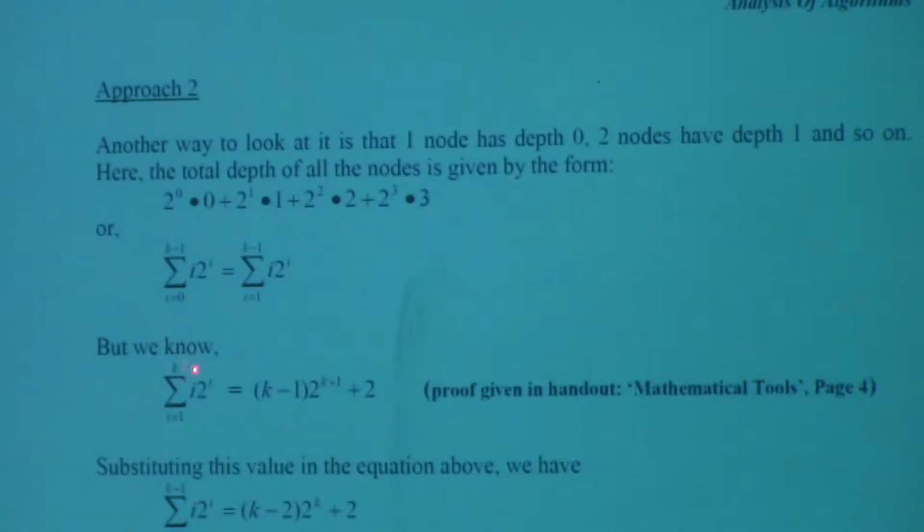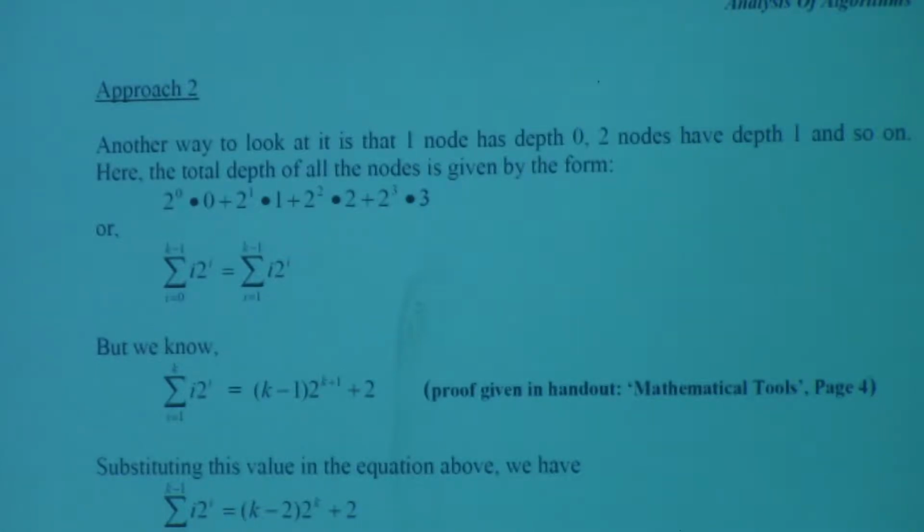Well, I want k to be k minus 1. If k is k minus 1, then substitute k minus 1 for k, and we get (k minus 1 minus 1) times 2 to the (k minus 1 plus 1), plus 2. So that's the result. The summation that we're trying to get is equal to (k minus 2) times 2 to the k, plus 2.